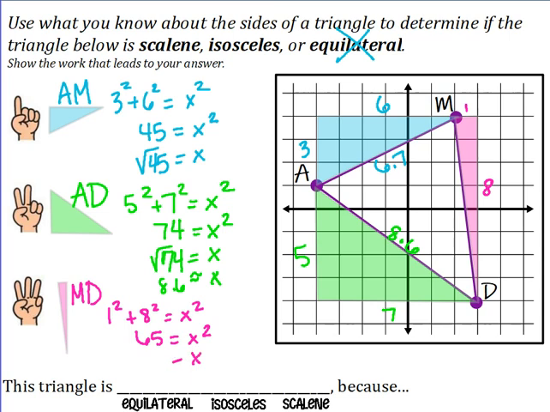So x is the square root of 65, which means it is approximately 8.06. It's a little bit different than this one. This one's 8.6. This is going to be 8.06. Certainly not isosceles. So I know that this triangle is scalene because it has 3 different sides.